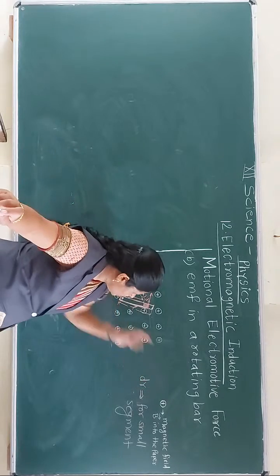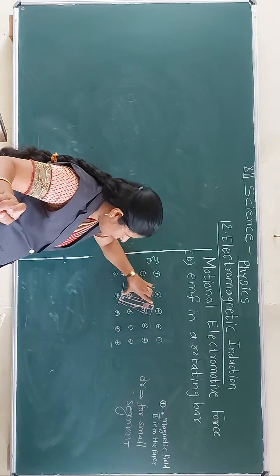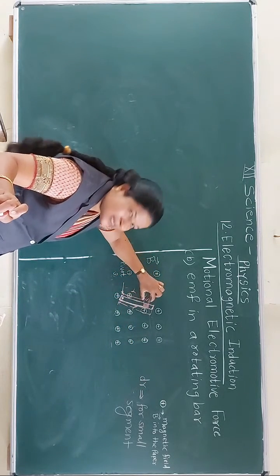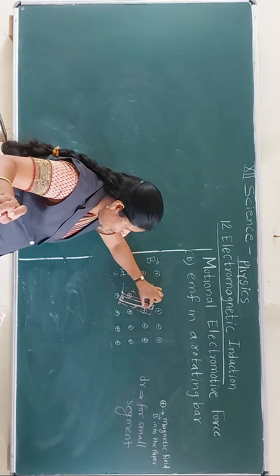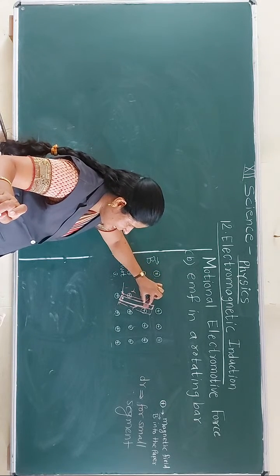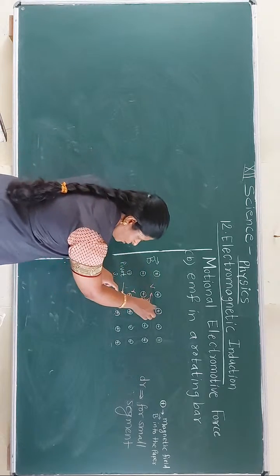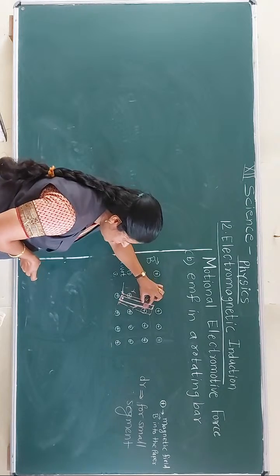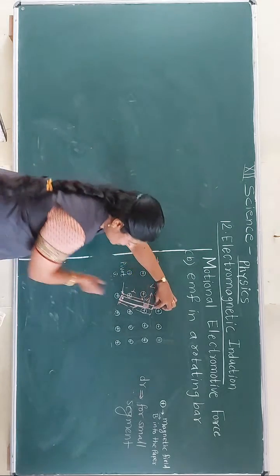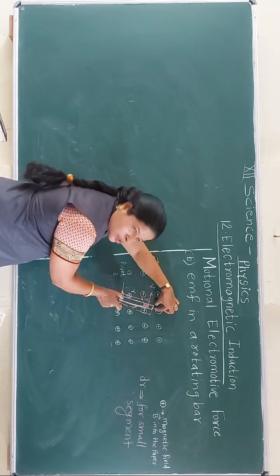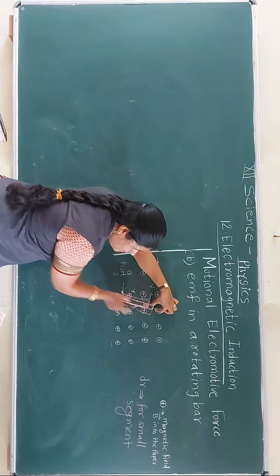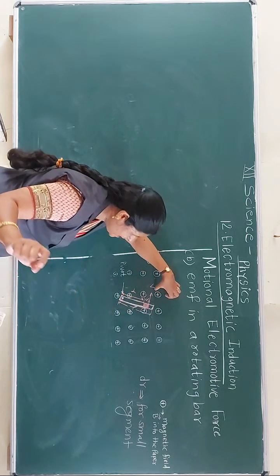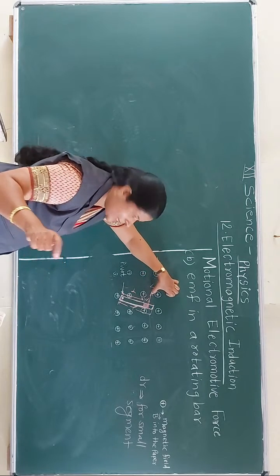So, as shown in the diagram, this is the rotating bar. We consider a small segment in that bar, dr. The rotating bar has a length L. Now this bar is rotating, so this displacement with respect to time will give velocity in this direction.